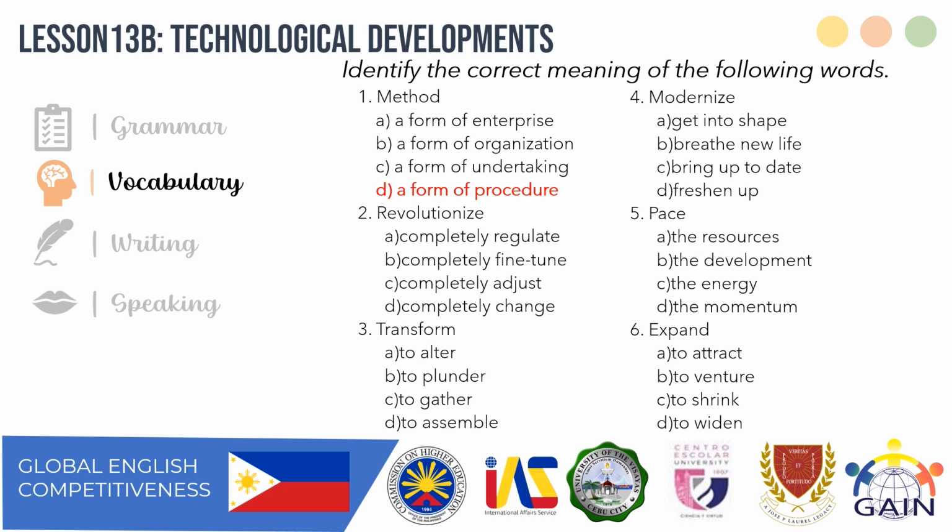Now let's enrich your vocabulary with this activity. All you have to do is to identify the correct meaning of the following words. For example, in number 1, the word method means a form of procedure. Now pause the video and answer the rest of the items.